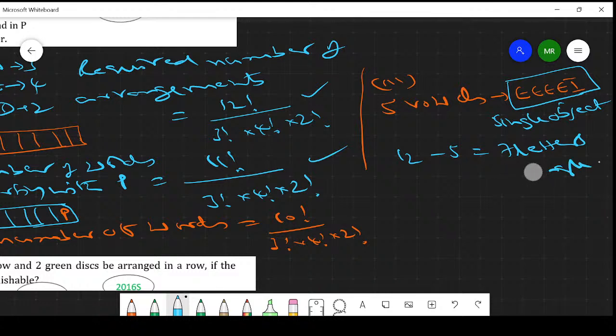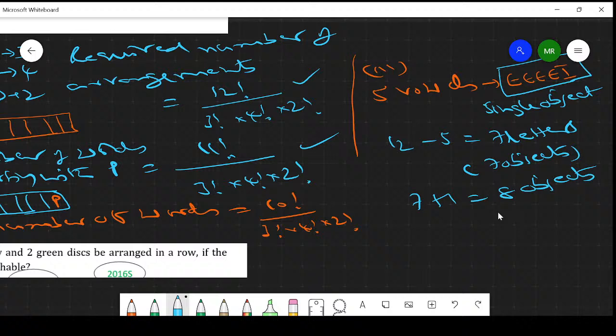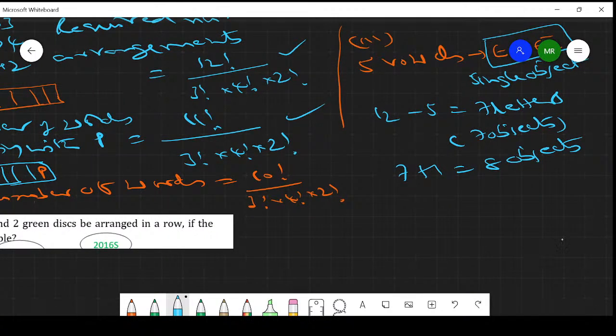So total we have 7 letters plus 1 single object, which gives 8 objects. I should arrange these 8 objects now. Correct? Now, when I am arranging, in total we have 8 objects.